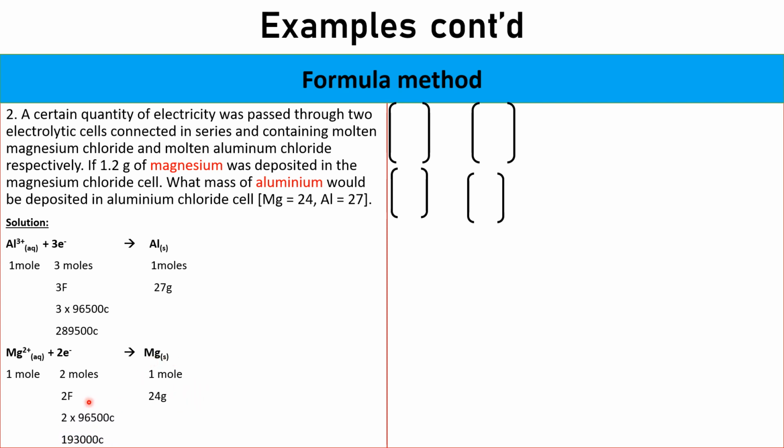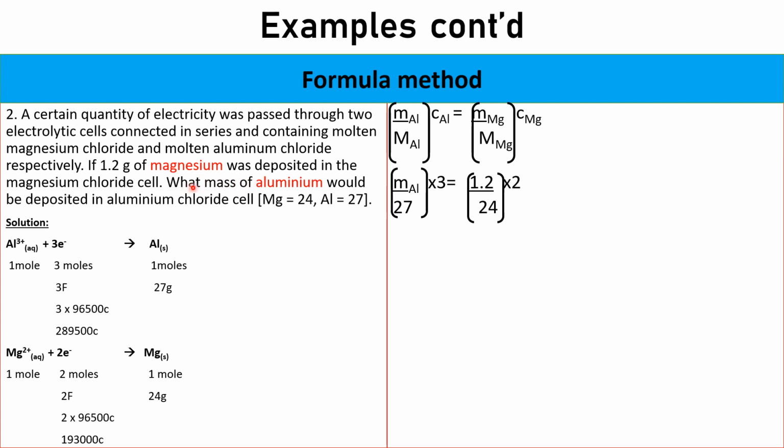So 2 Faraday is equal to 193,000 coulomb. So don't forget our formula will be mass of aluminum divided by atomic mass of aluminum times charge on the ion of aluminum equals mass of magnesium divided by atomic mass of magnesium times charge on the ion of magnesium. So we are to calculate the mass of aluminum.